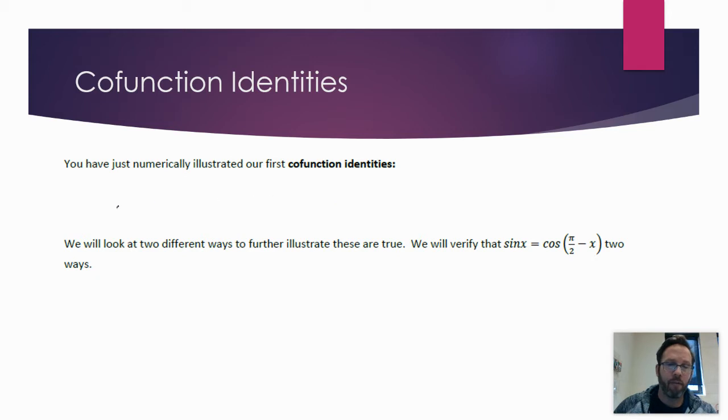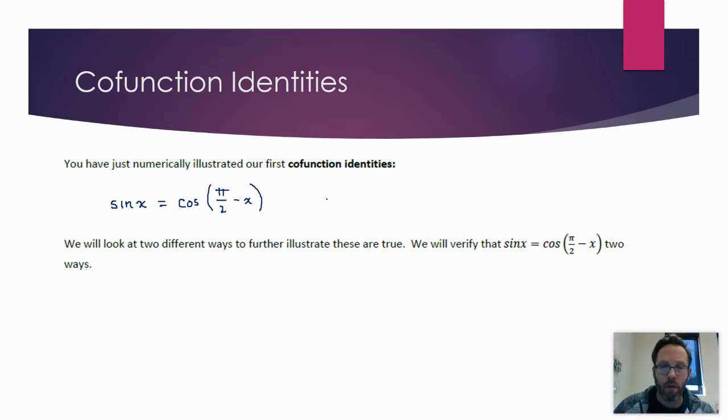The first one says this: the sine of an angle, and I'm going to use x here instead of theta, so the sine of an angle x is equal to the cosine of pi by 2 minus x. The sine of an angle is the same as the cosine of 90 degrees minus that angle.